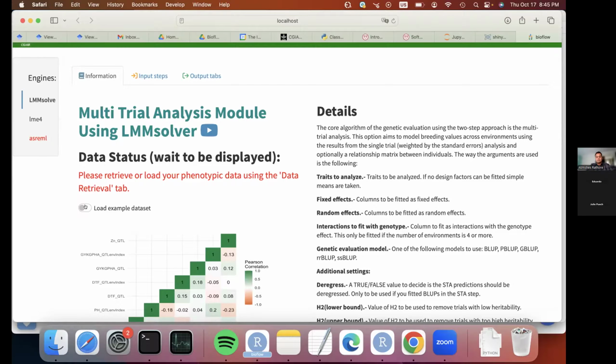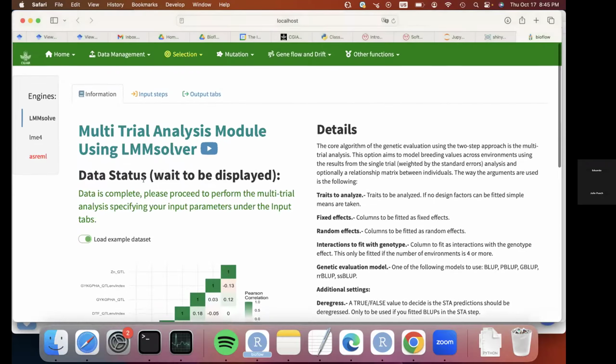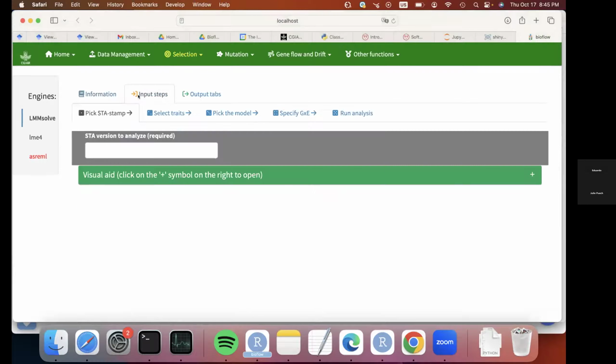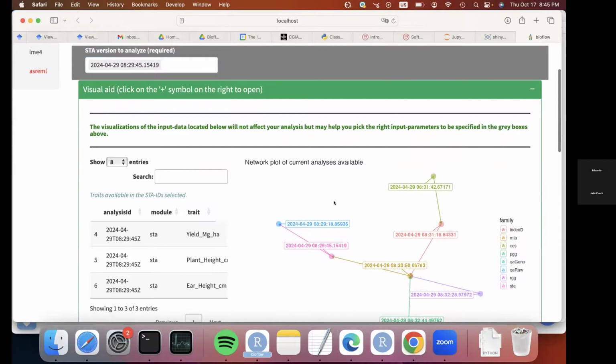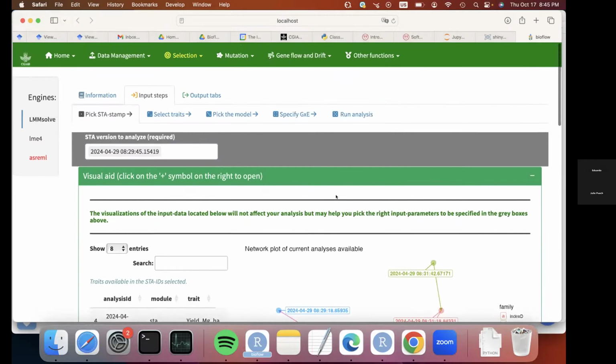But there are always some example data sets available that you can just load to go ahead and see how the platform works, and there will always be these different input steps, some parameters to specify, some nice graphs to help you find your way on the current analysis.